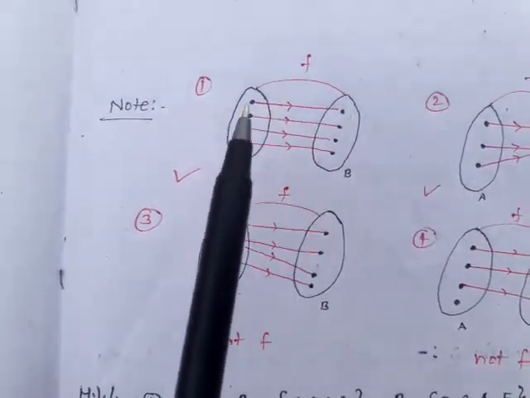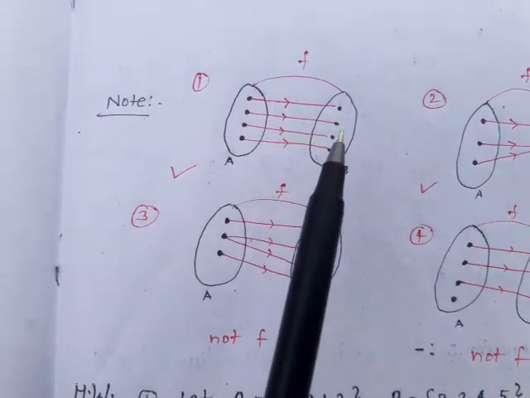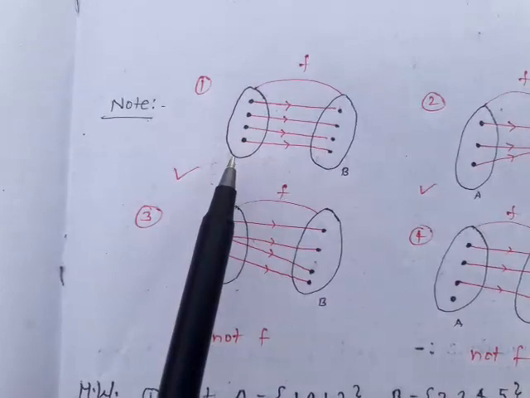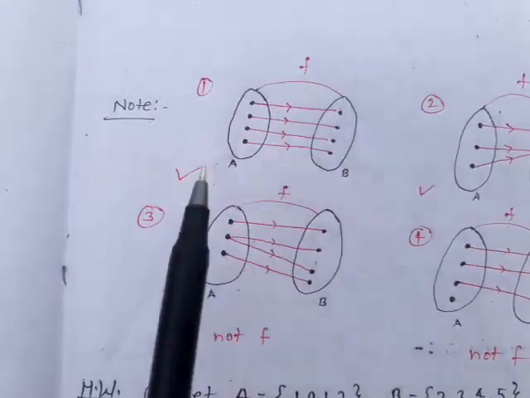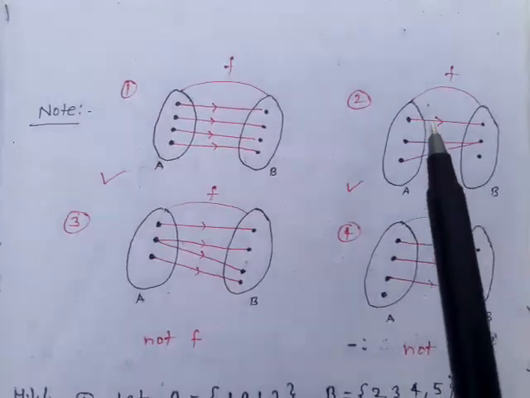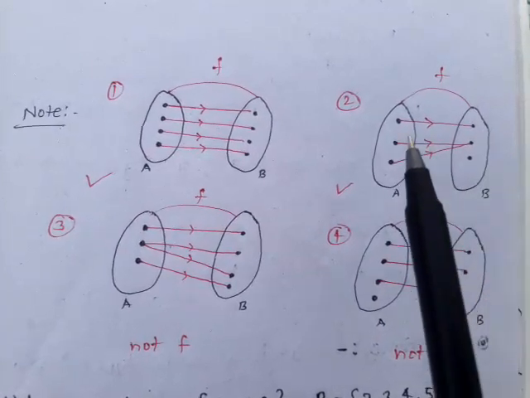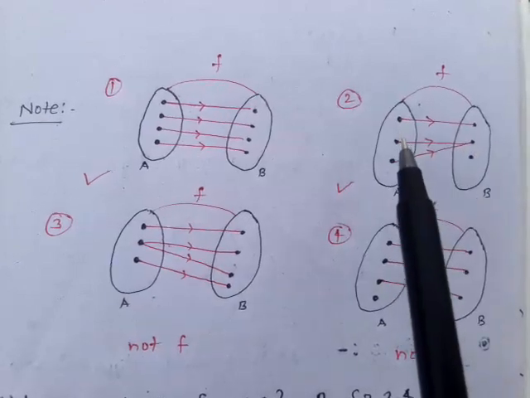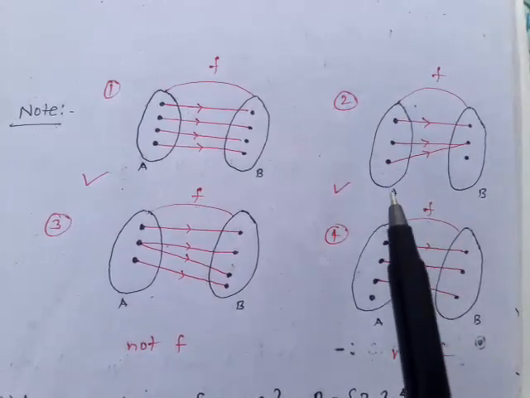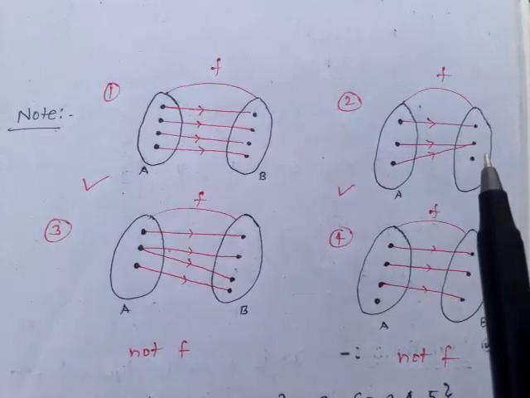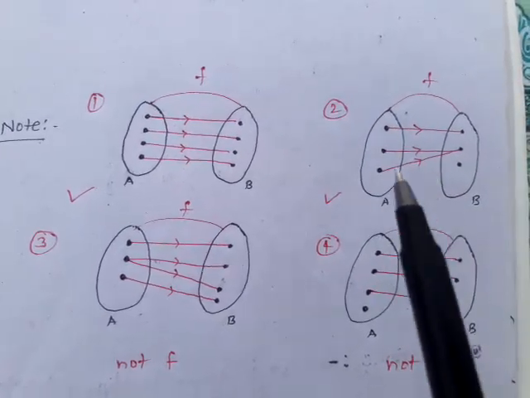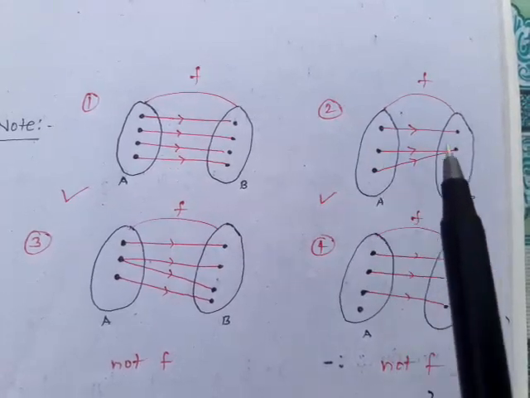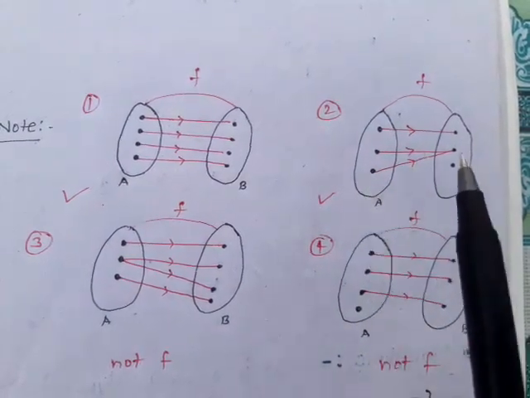Every element of set A has a unique image and no element is left in set A, that is, every element of A has an image, so it is a function. Second one: this goes to this, this goes to this, and the image of this element is this. Here every element of A has an image, and each image is unique. Third one: the image of this element is this, the image of this element is this, and also the image of this element is this.